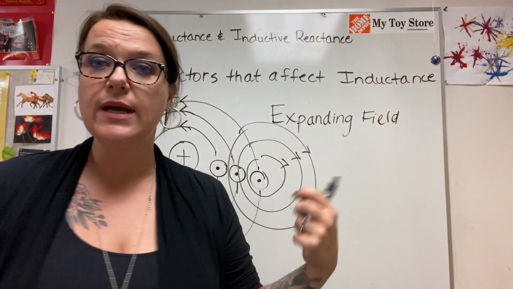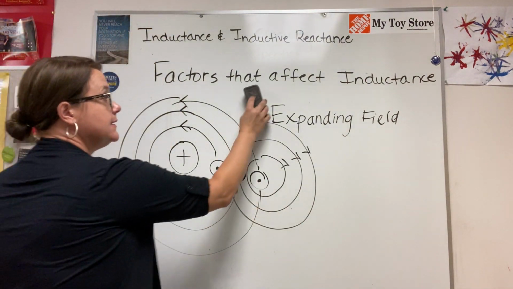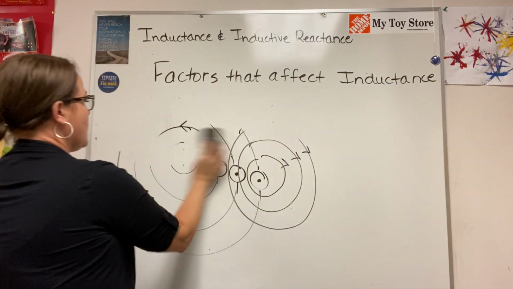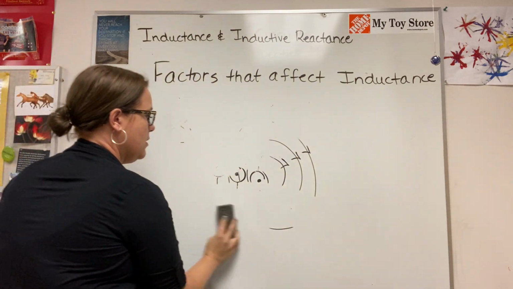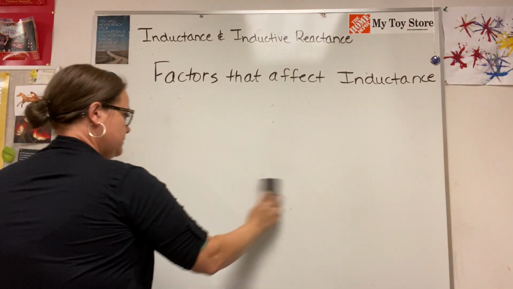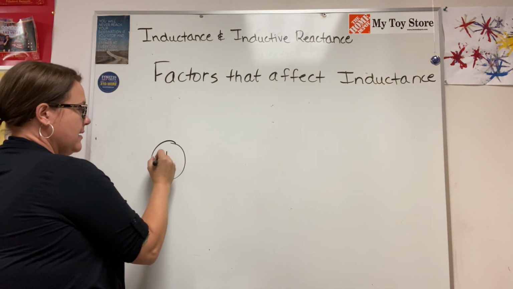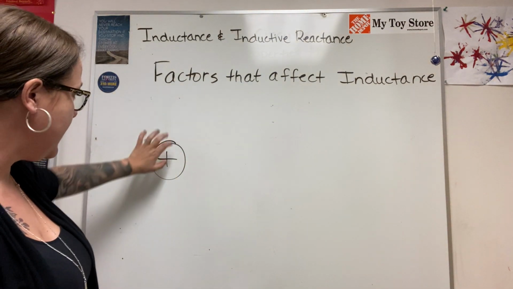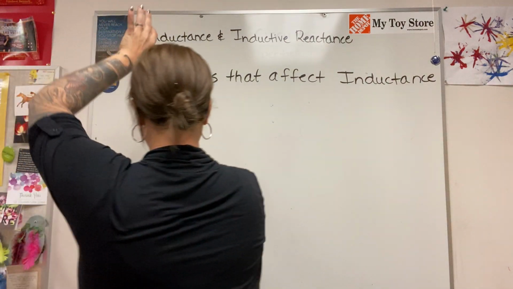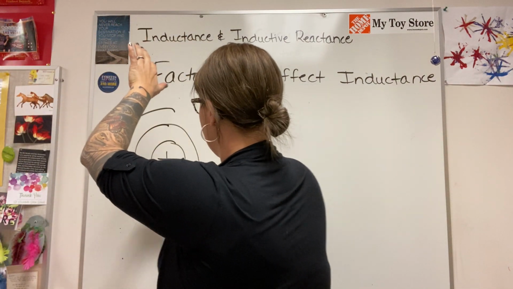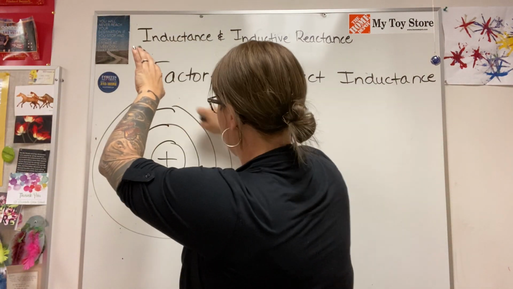Okay, so now let's look at a collapsing magnetic field. So if I have, again, my supply, current is going into the page, left-hand rule, fingers are demonstrating the magnetic field set up around it.